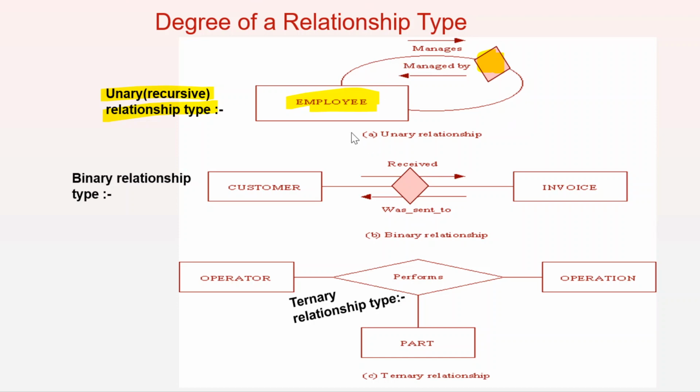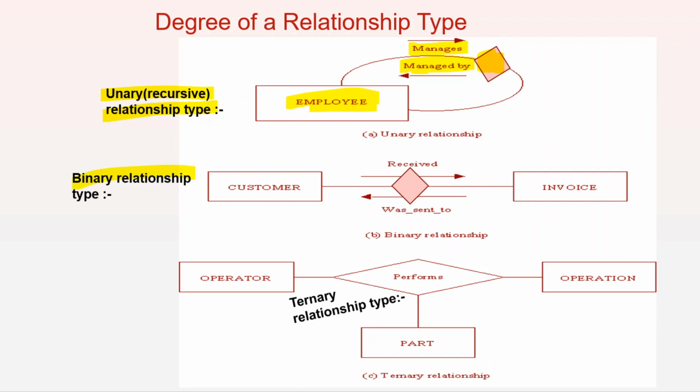That means one of the employees is a manager who is managing other employees, or we can also read the relationship as multiple employees managed by one manager. So we can read the relationship in either way. If we are reading from left to right, we say that an employee manages other employees, and if we are reading from right to left, we say that employees are managed by an employee or manager, right? So this is the example of a unary relationship.